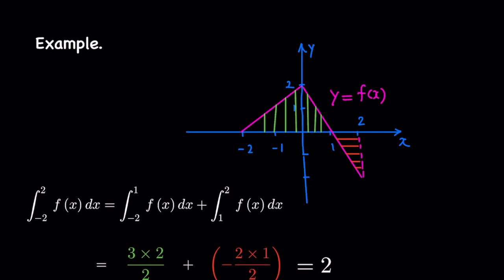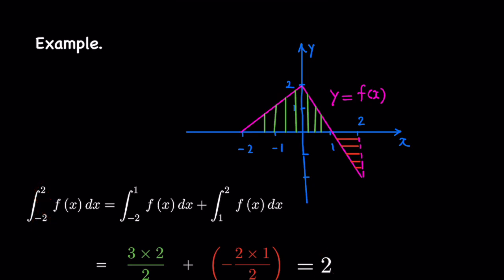So it's going to be the area of this triangle here. The area of the green region is 3 times 2 divided by 2. The area of the red region is going to be negative 2 times 1 divided by 2. If you simplify this, you will get the number 2. So the definite integral of this function from -2 to 2 is equal to 2.